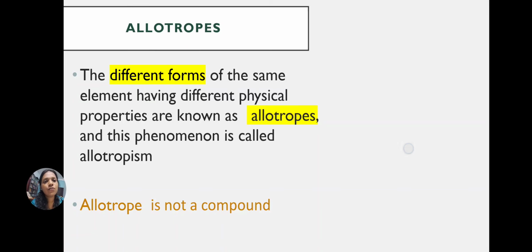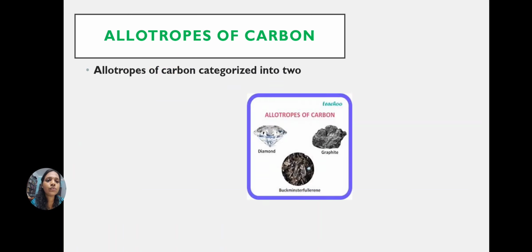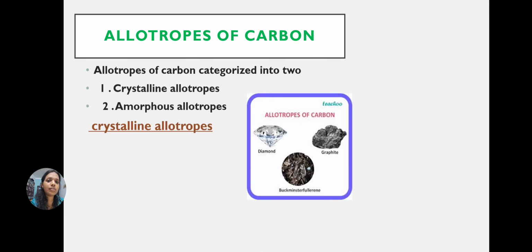And we discuss allotropes of carbon. The allotropes of carbon are categorized into two: crystalline allotropes and amorphous allotropes. In this video, we will discuss only the crystalline allotropes. In later videos, we will discuss amorphous allotropes. Okay.